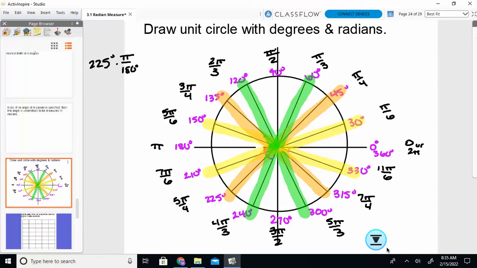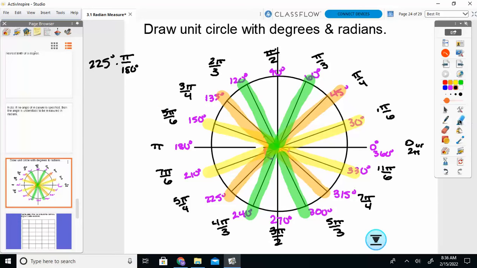Now, if you pay attention though, there are tons and tons of patterns. In the first quadrant, the numerator was just pi, right? In the second quadrant, 5 over 6, 3 over 4, 2 over 3. How are the top and bottom related? They're 1 apart. The top is 1 smaller than the bottom.